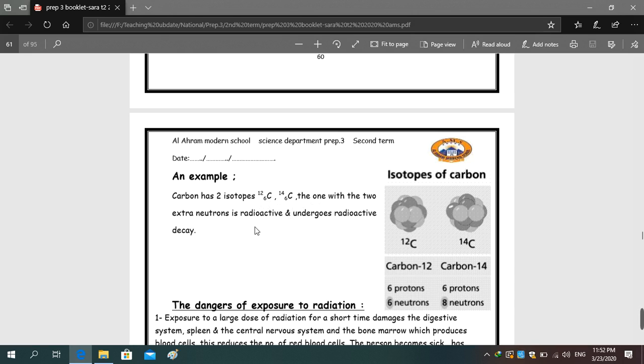The isotopes are atoms of the same element which have the same number of protons, or the same atomic number, and different number of neutrons, like carbon 12 and carbon 14. Here carbon 12 contains 6 neutrons, but carbon 14 contains 8 neutrons. Those atoms are considered isotopes of carbon.